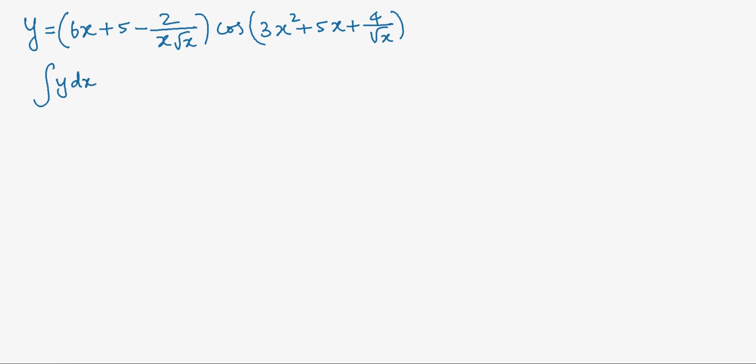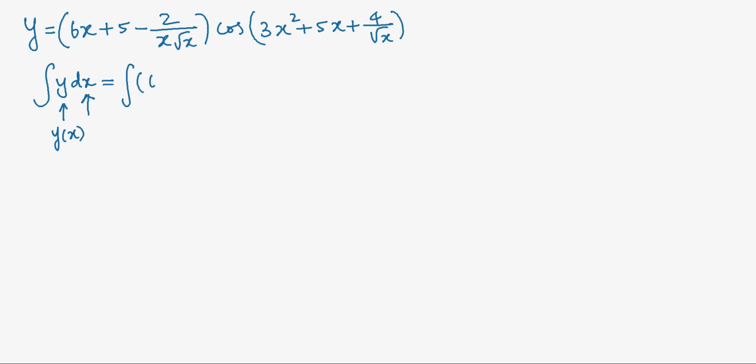Yes, uncle. So we have the integral symbol and y dx. This x is the variable with which we are integrating. So we need to know how this y depends on that x. Then only we can do the integration. So write this as an integral.